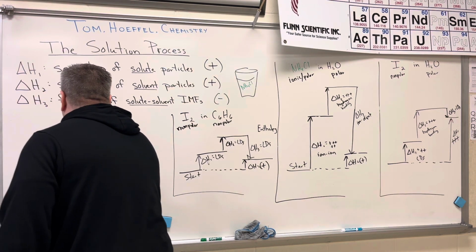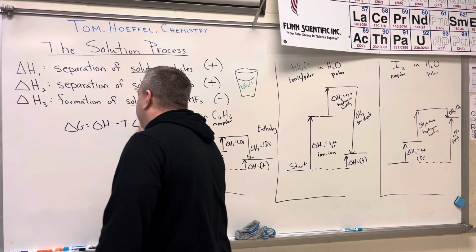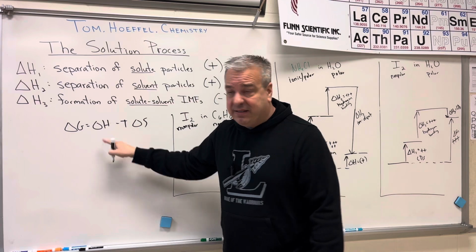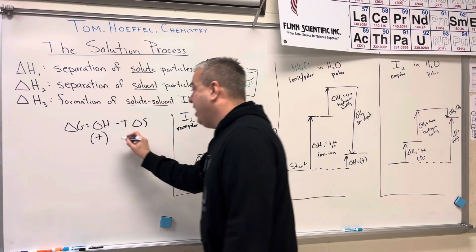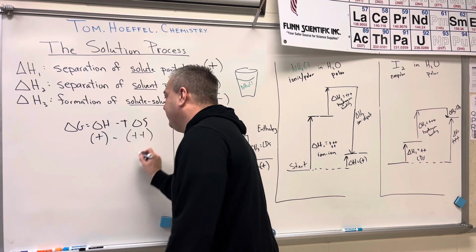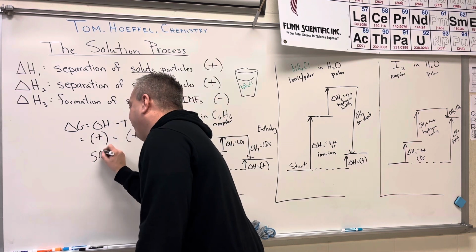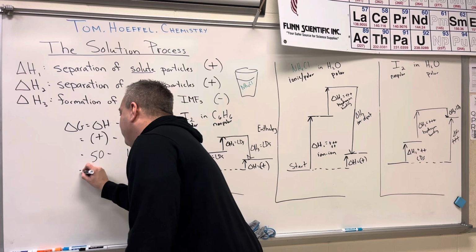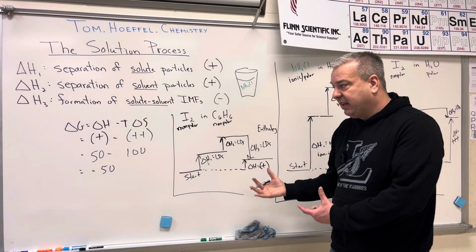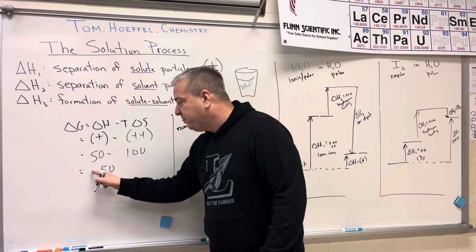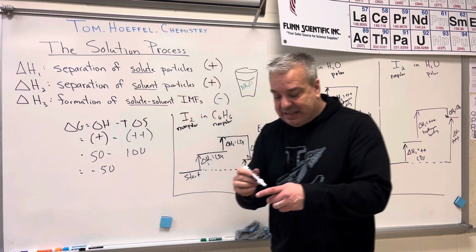Remember, delta G is equal to delta H minus T delta S. As long as this enthalpy change is a small positive number, and you subtract a larger positive number, like I said, 50 minus 100, you will get a negative number. And you'll say, hey, yeah, I'll do that deal. And the reaction will take place because the delta G is negative.